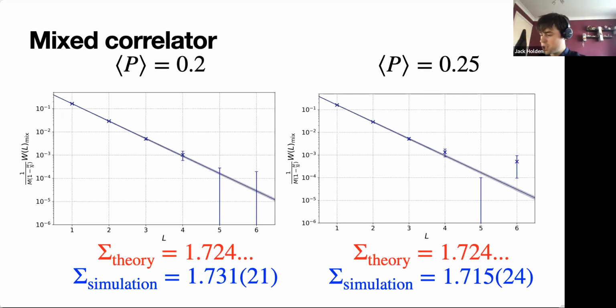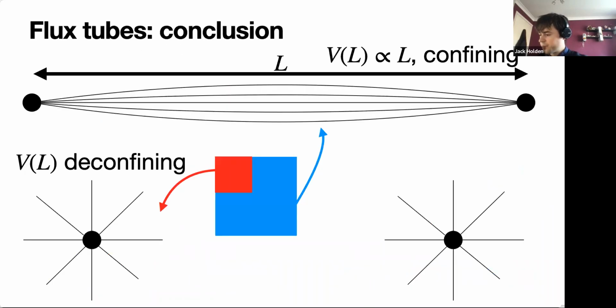And again, this is what we find. So our conclusion is that the confined subsector in the partially confined phase behaves as if flux tubes are forming between matter in that subsector, whereas the deconfined sector behaves like the deconfined phase.